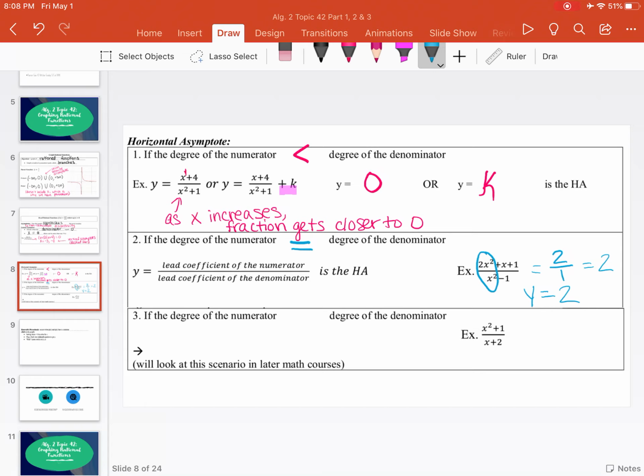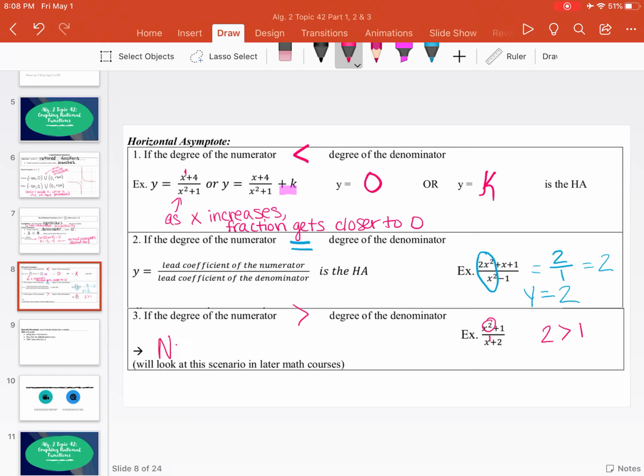Now lastly, what if the degree of the numerator is greater than the degree of the denominator? For example, what if we have x squared plus 1 over x plus 1? So in this case, my 2 is greater than the first power.